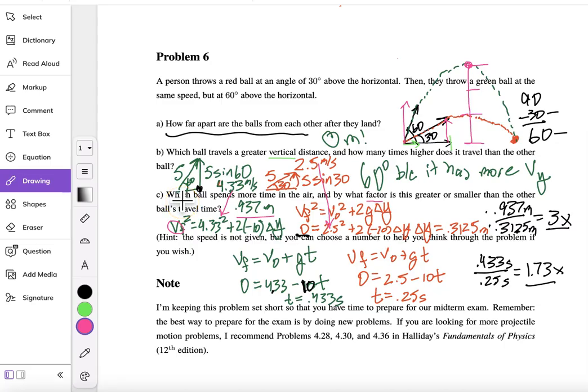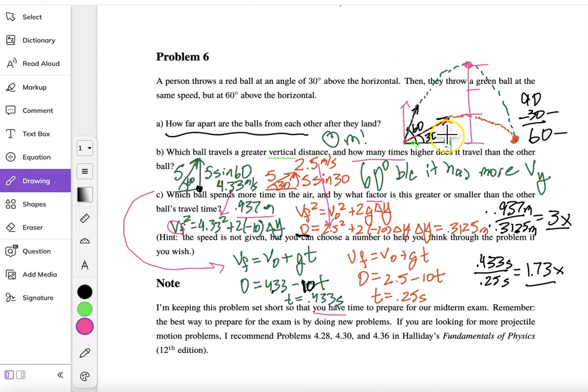They then want to know which ball spends more time in the air, and by what factor this is greater or smaller. So factor and how many times, same thing. For letter C, I did it down here, and they want us to find time. We know the final velocity is 0. We know the original for this one is 4.33, so we've already done that. Then we put in gravity, which is negative 10 times the time, and we find the time to be 0.433 seconds.